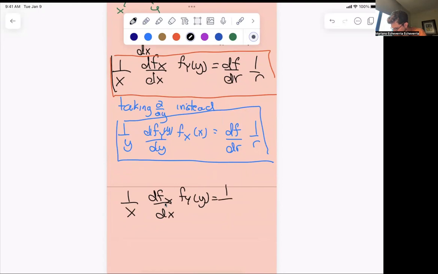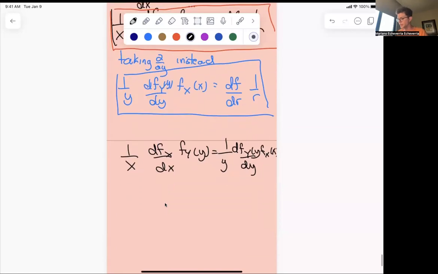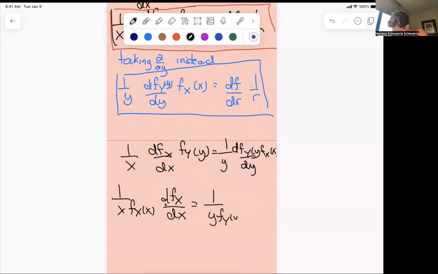Okay, and then let's just move the stuff that depends on x to one side and the stuff that depends on y to the other side. Is that okay?